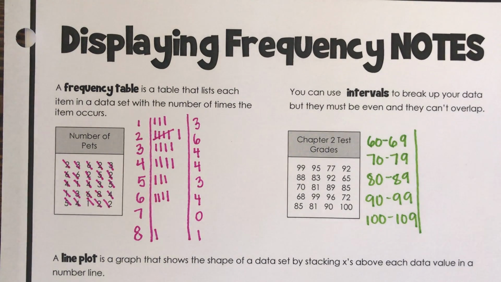If you did 60 to 70, 70 to 80, where would you put 70? It would go in 2 categories. Each of these is even: 60 to 69, 70 to 79. We didn't say 60 to 99 and then 100 to 109. So they're even and there's no overlapping.